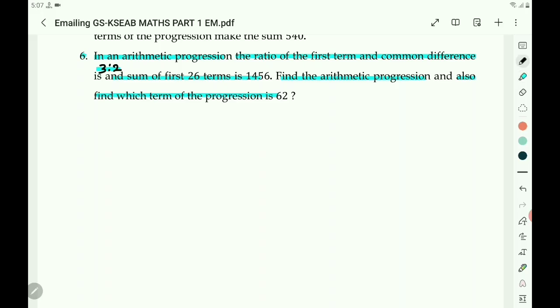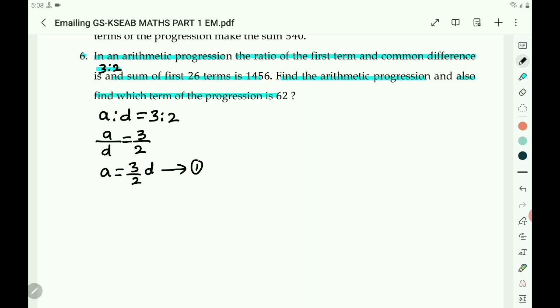Here what is given? The ratio between the first term and the common difference is 3:2. That is a by d equals 3/2. Express in terms of a or in terms of d. So a equals 3/2 into d. Consider this as the first equation.